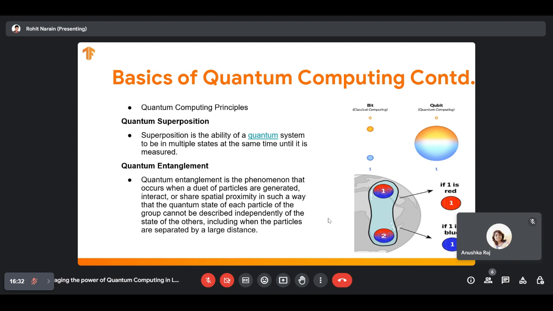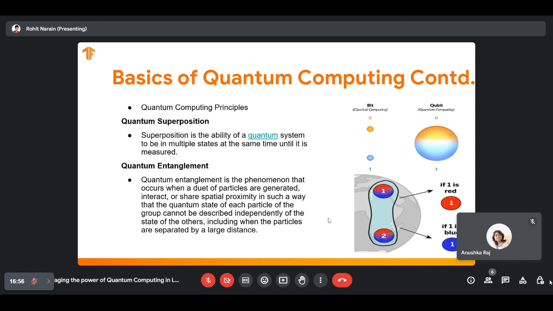So quantum entanglement, according to physics, says that, for example, if two atoms or two particles are separated from each other at a very large distance, an infinite distance, which can be one end of the universe, basically.